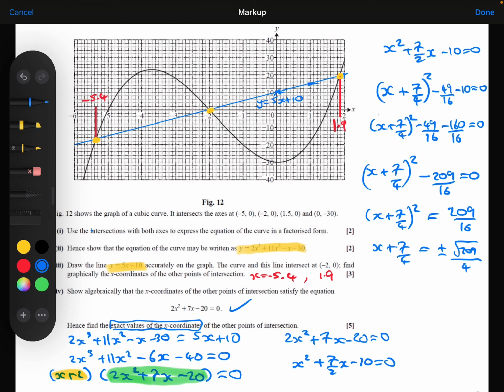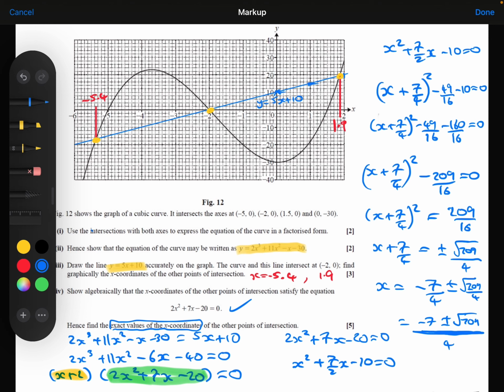Now I'll subtract the 7 over 4 from both sides, so I get x equals minus 7 over 4 plus or minus root 209 over 4, which I could write as a single fraction: minus 7 plus or minus root 209 over 4. So those are the exact solutions to those points.